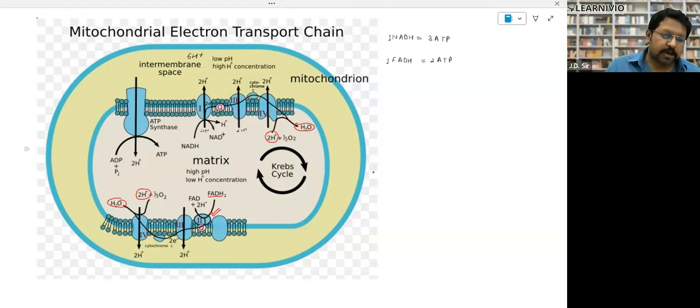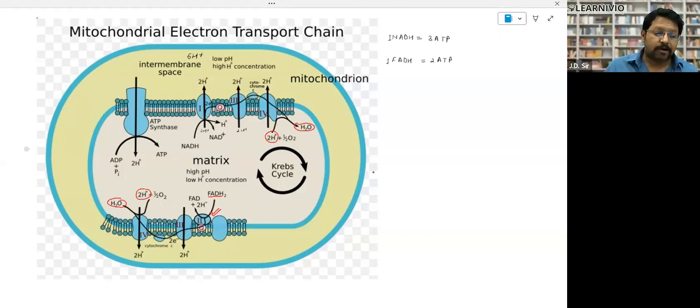Now these electrons will reach the quinone complex. From the quinone complex, they will reach cytochrome complex third. When they pass through cytochrome complex third, 2 hydrogen ions are pumped in. Again, they reach cytochrome complex C, no hydrogen ion is pumped in. Reaching cytochrome complex 4, again 2 hydrogen ions are pumped in.